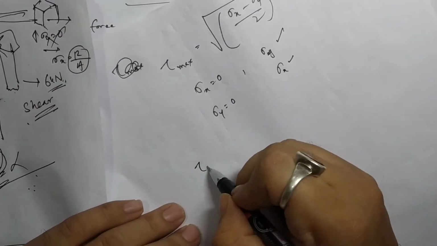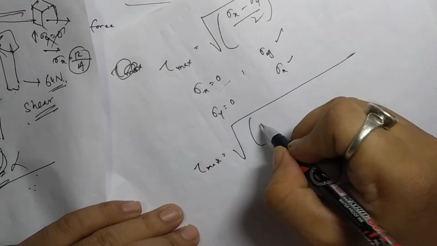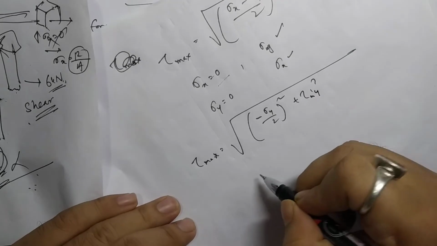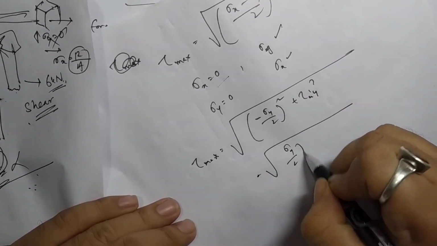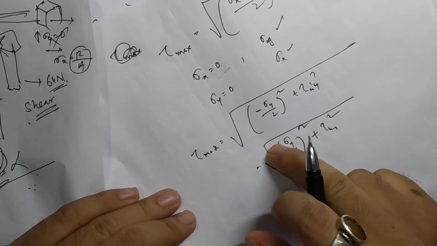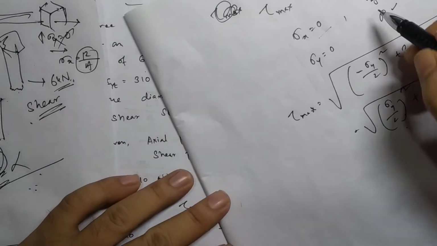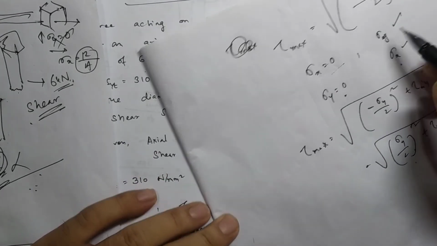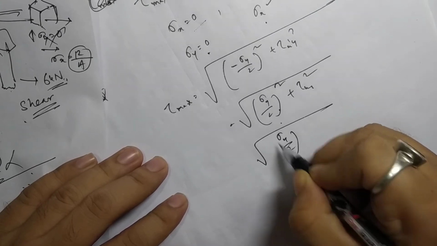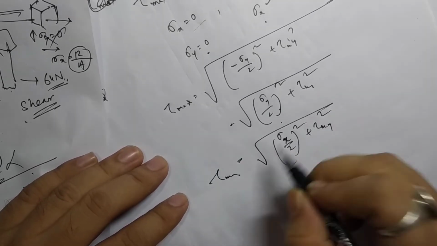If you take sigma x as 0, tau max is root over (minus sigma y/2) squared plus tau xy squared, which is root over (sigma y/2) squared plus tau xy squared, since the minus sign goes away when squared and it will be positive only. If you take sigma y as 0 and sigma x is there, then tau max is root over (sigma x/2) squared plus tau xy squared.